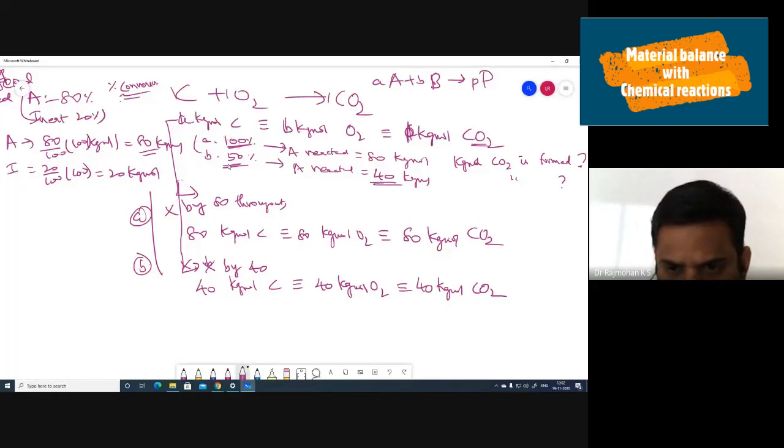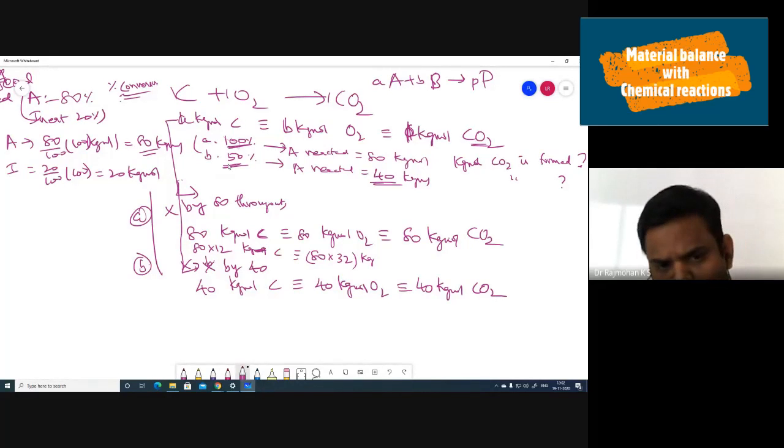In that case, we multiply by the respective molecular weights. Carbon: 80 into 12, oxygen: 80 into 32. Since 12 is kg per kg mole, the kg mole gets cancelled, so what I have is kg.